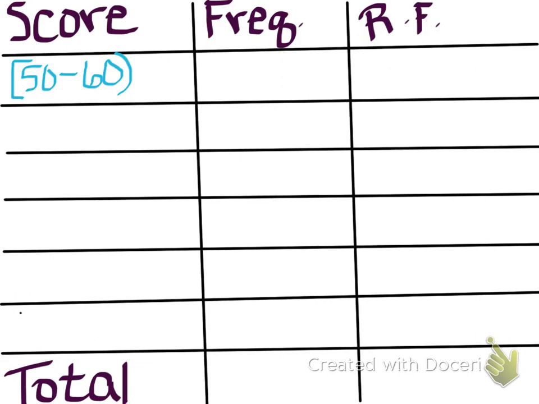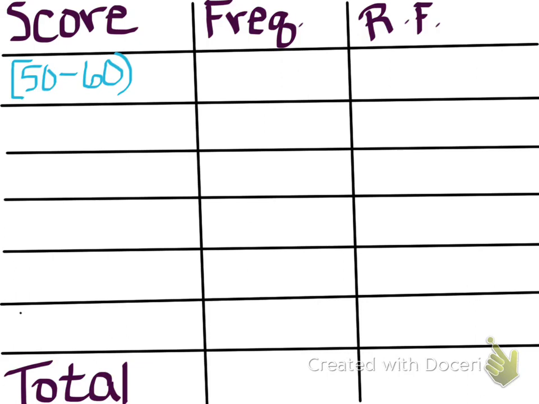The hard bracket next to the 50 means that if I have the data value of 50, it is included in this group, or these are also called classes. The parenthesis means that if I have the number 60, exactly 60, it would not be included in this grouping.